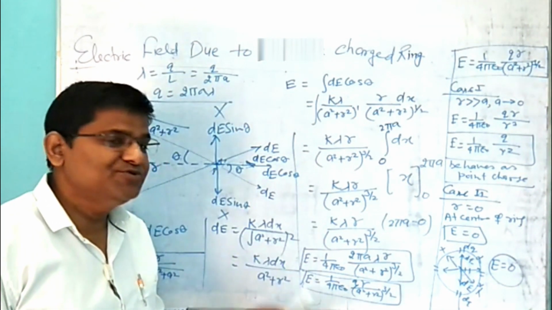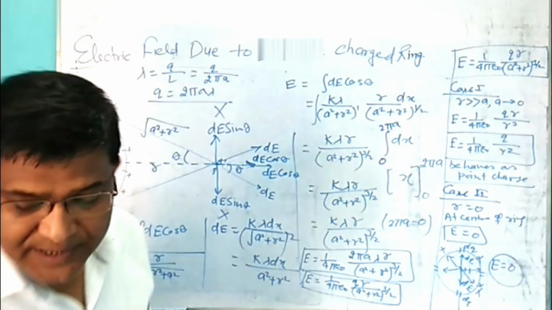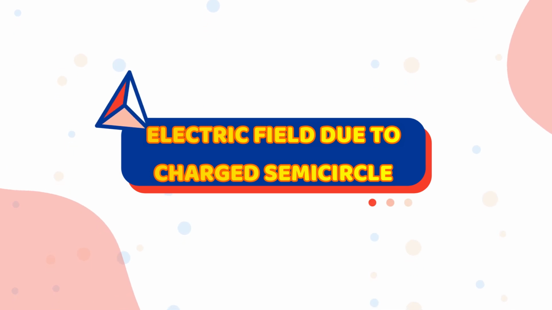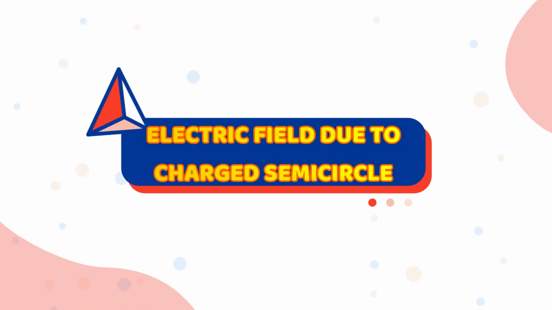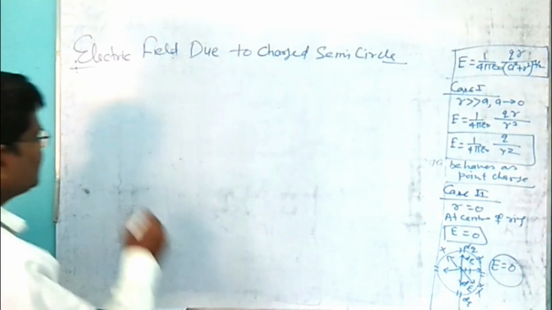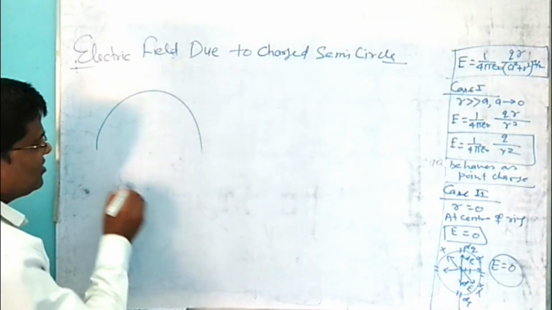Electric field due to a charged semicircle. A semicircle is just like a ring, a half ring.